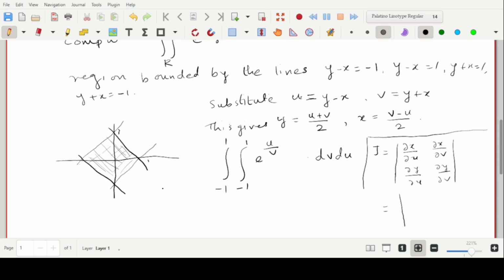We have expressed x as a function of u. So this is v minus u over 2. When we differentiate this with respect to u, what we get is -1 over 2.